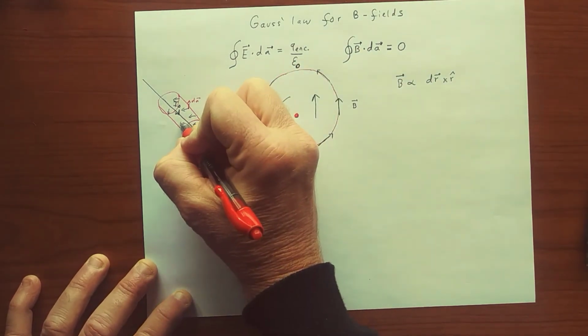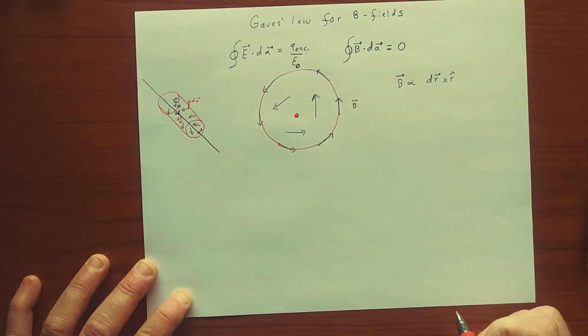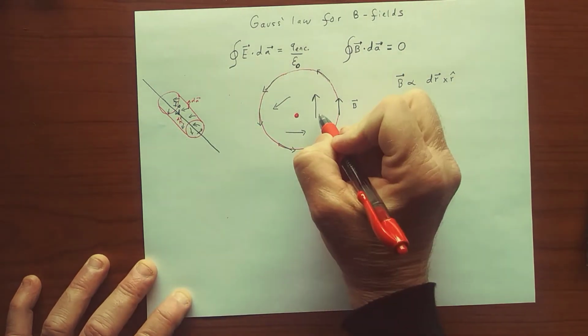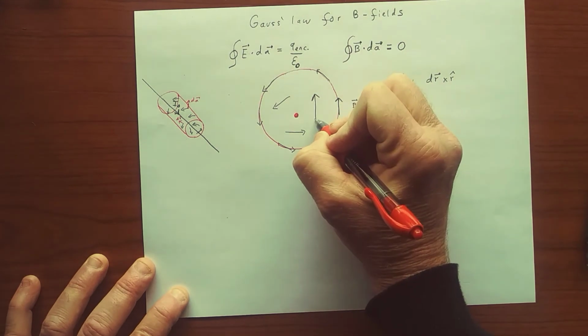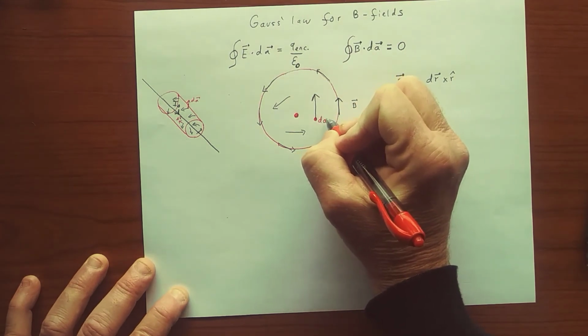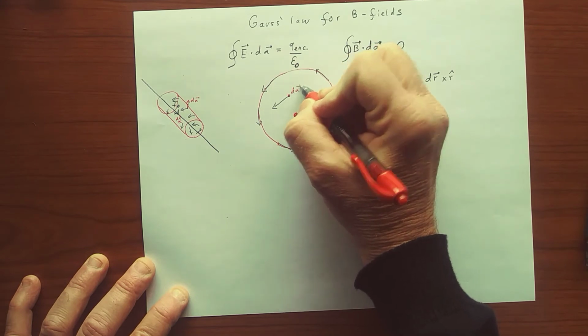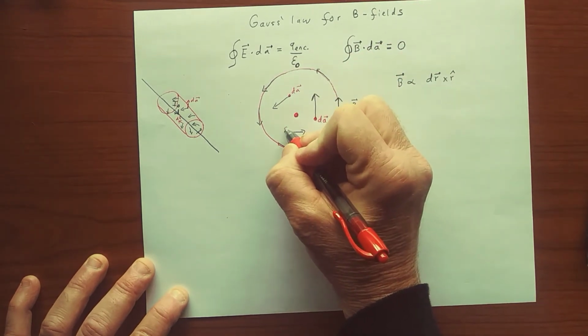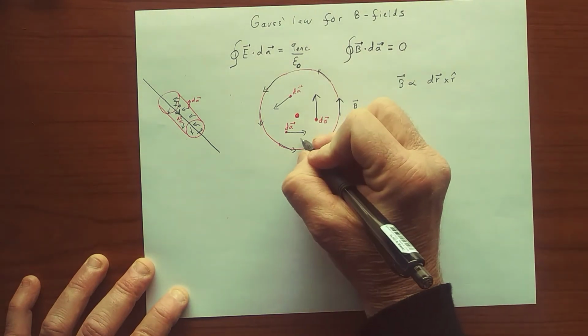The dA here is normal to the surface, so we always have 90 degrees. The same is true here, so maybe we can look at it from this perspective. The B field here is pointing that way, but the dA is pointing towards us. So here is the direction of the dA. The same is true here. dA is pointing outward, so we have 90 degrees between B and dA.